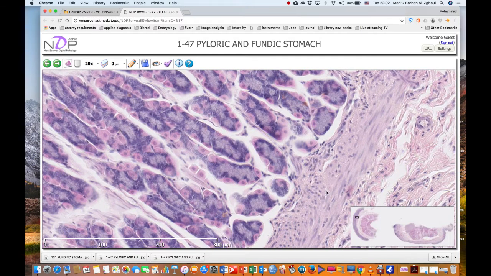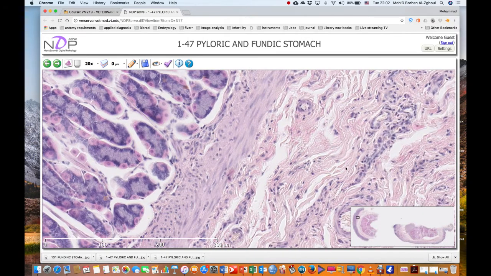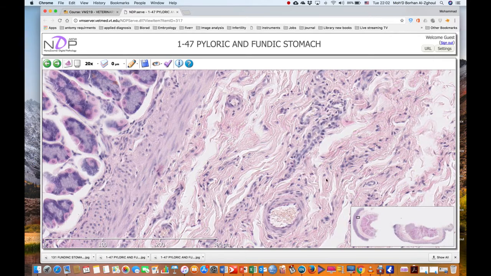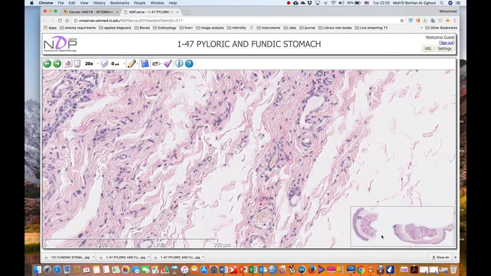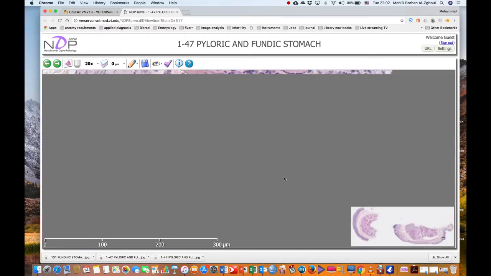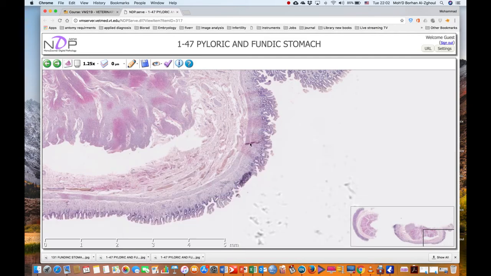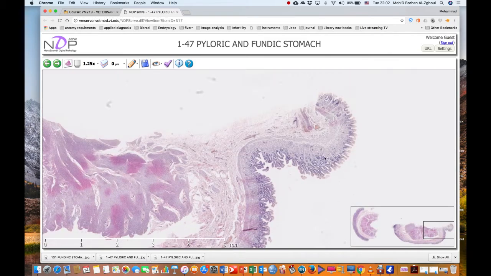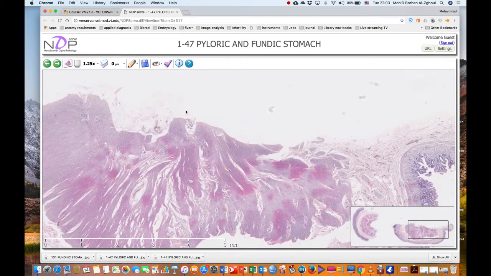And at this area here is the muscularis mucosa, which separates the mucosa from the submucosa, which is dense irregular connective tissue. If you go to this area here, again, we have the mucosa, submucosa, and this area here, we have the muscularis externa with the serosa.